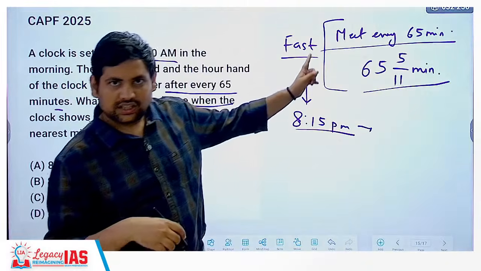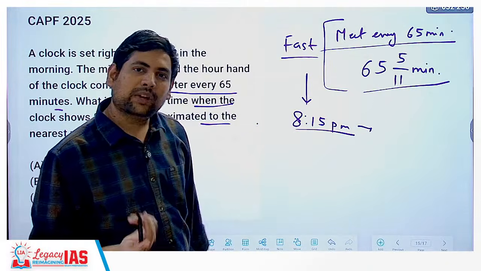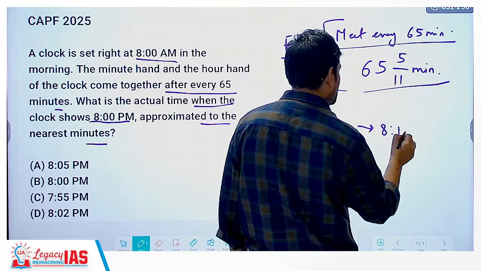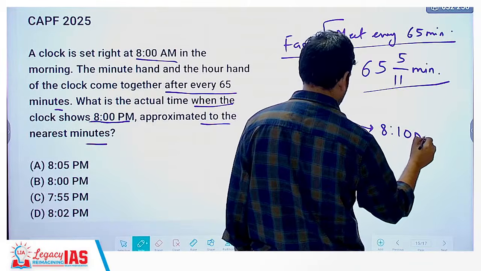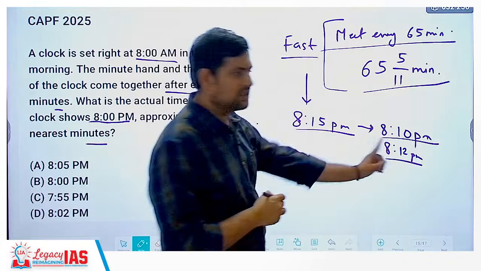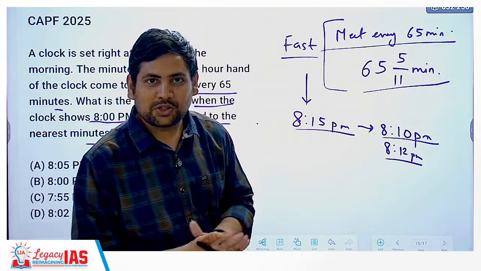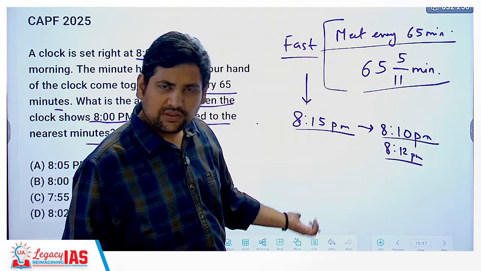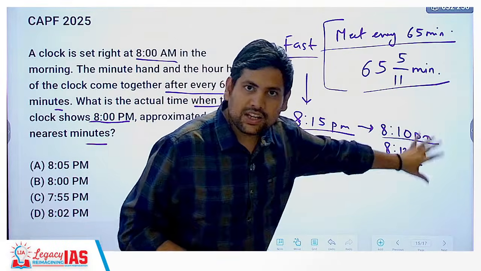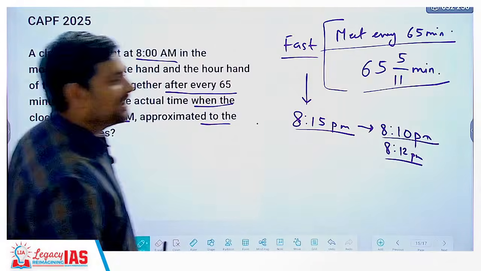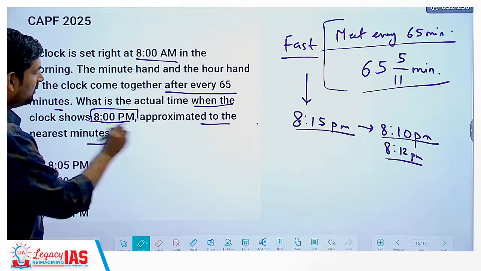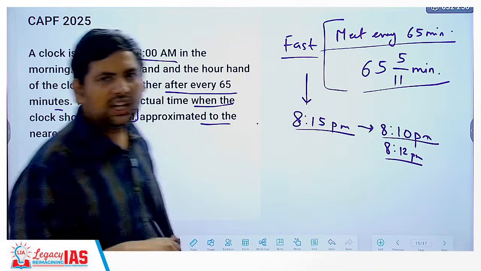The actual time may be something less. For example, it may be 8:10 p.m. or 8:12 p.m., something less than 8:15. That is for sure. Can it be 8:16? Of course not, because this clock is fast. So the actual time will be something lesser. Now, applying the same logic here, the clock is exactly showing 8 p.m.